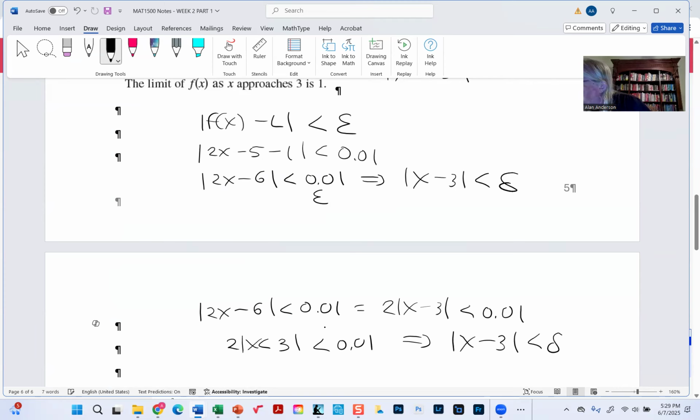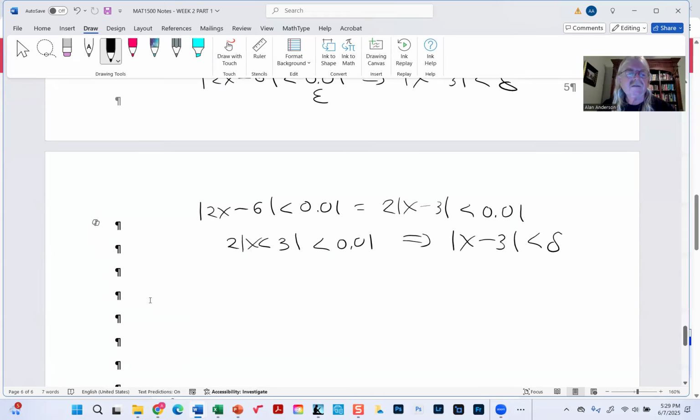So if you divide out both sides, you'll see that the absolute value of x minus 3 is less than 0.1.